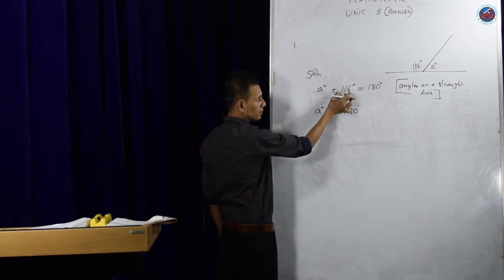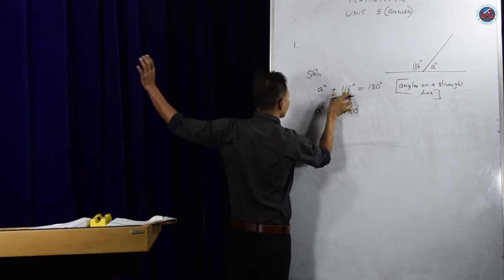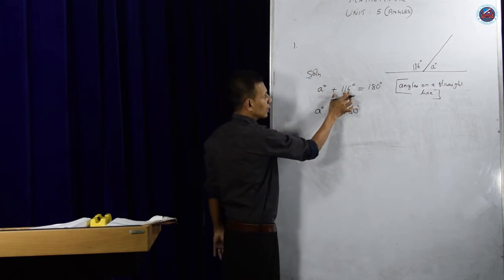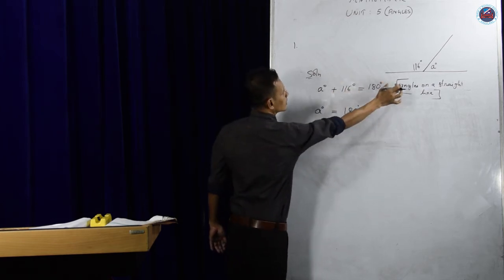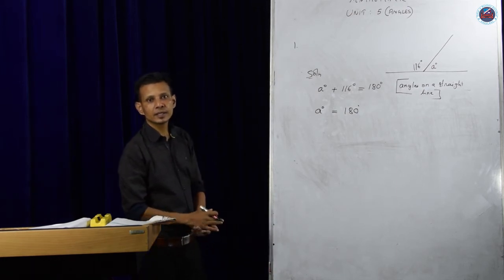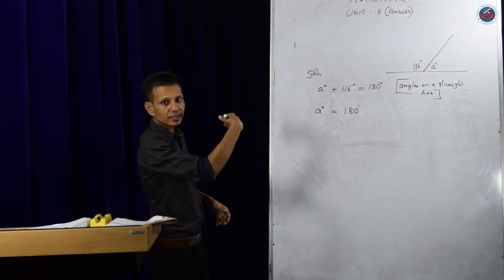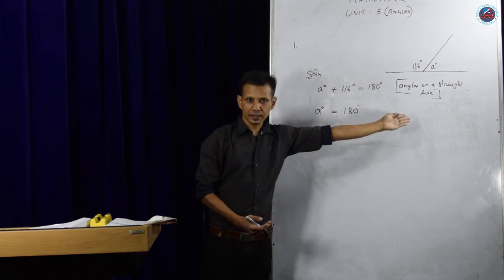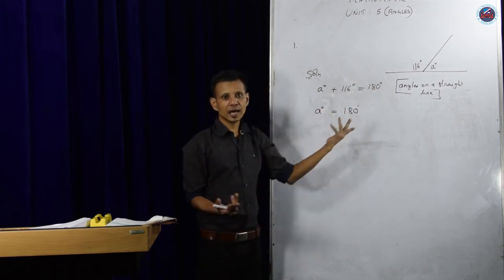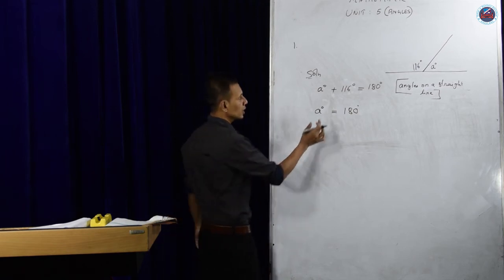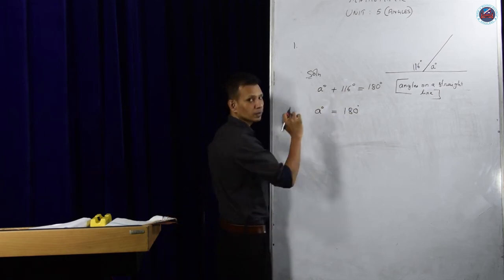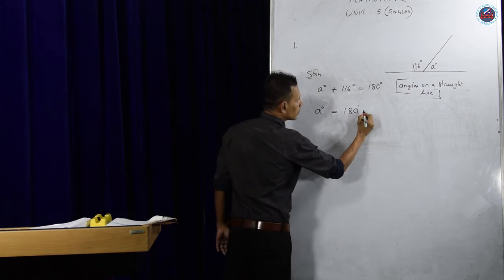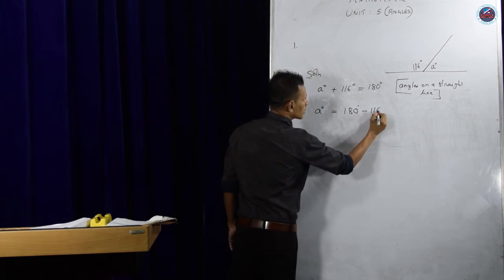Equal is here. That means plus 116 is on my left hand side. Now I want to take it to the right hand side. What will happen? Side change. I'm going to take it from the left hand side to the right hand side. Sign change now. Side change means sign change. Plus 116 will become minus 116 degrees.